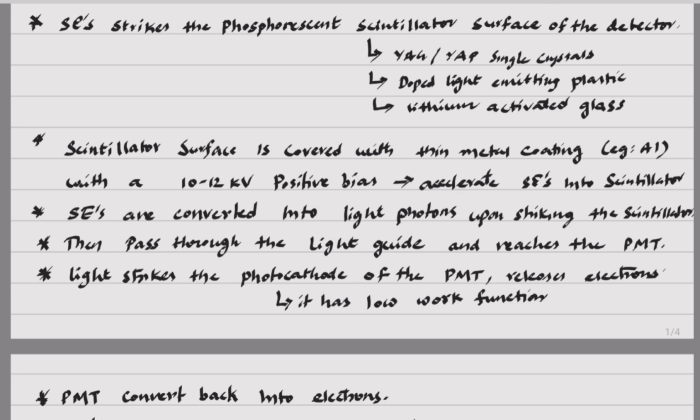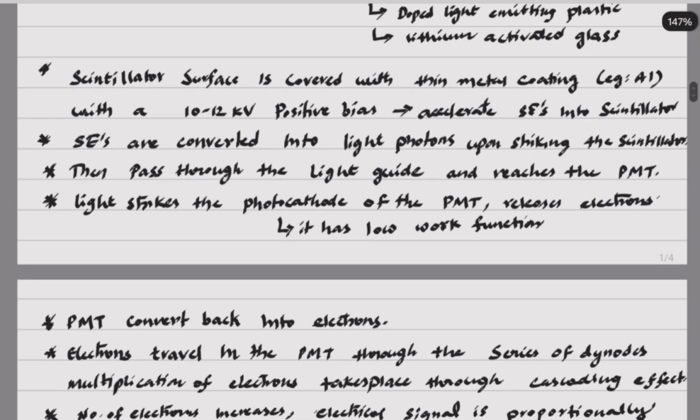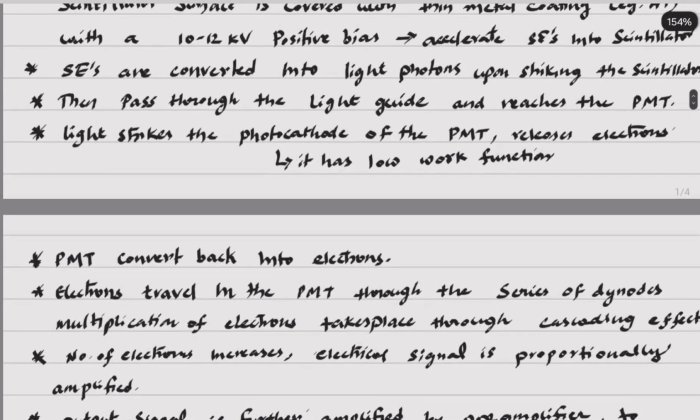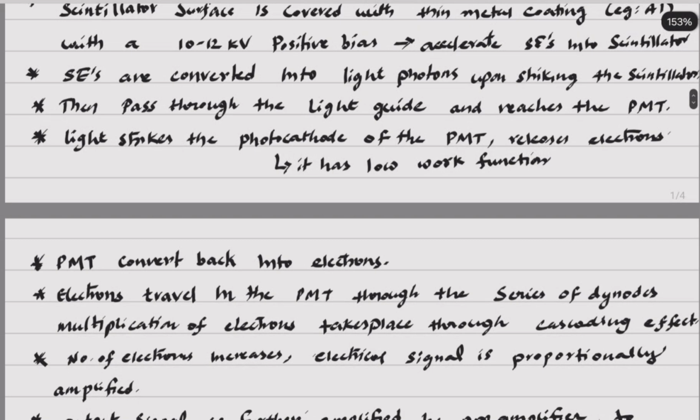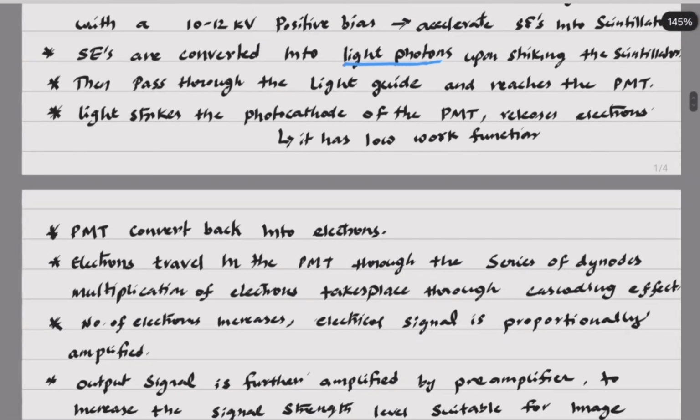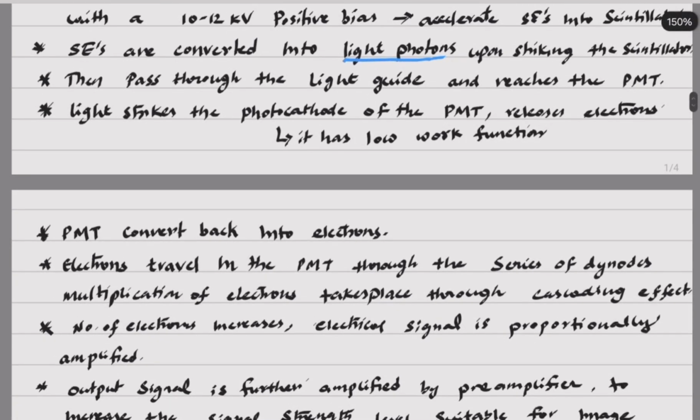When these secondary electrons are accelerated and strike the scintillator, they are converted into light photons. Then this light passes through the light guide.